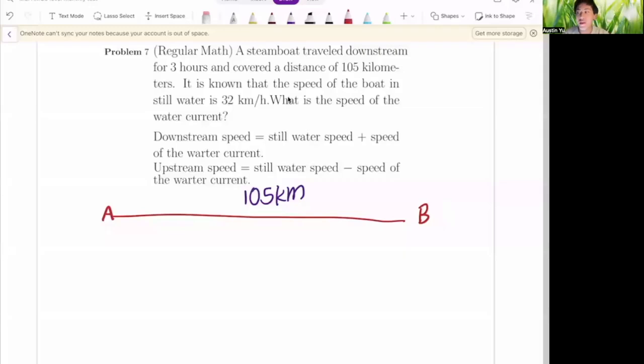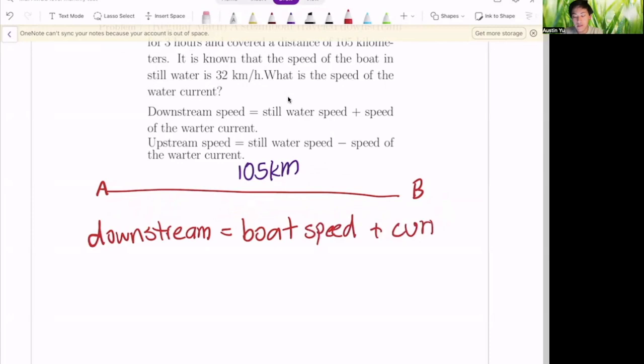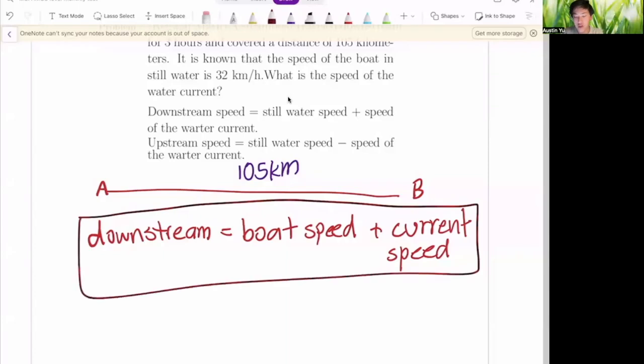And then we are also given the formula, right? Downstream speed is equivalent to still water speed plus speed of the water current, while upstream is equal to still water speed minus speed of the water current. So wouldn't this just mean that the downstream speed is equal to the boat speed plus the current speed? This is going to be your formula for this question.